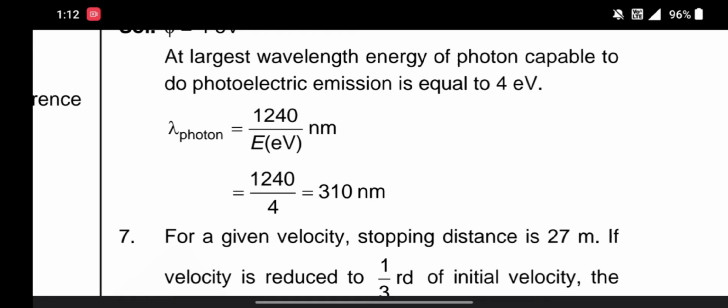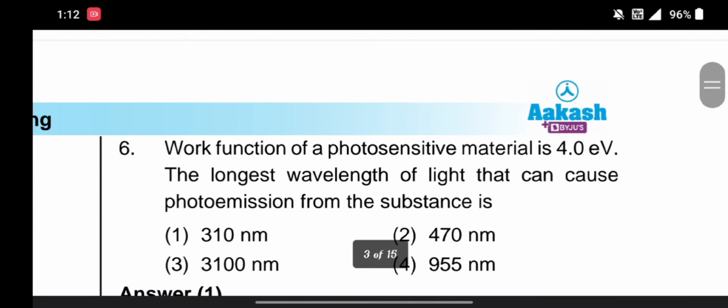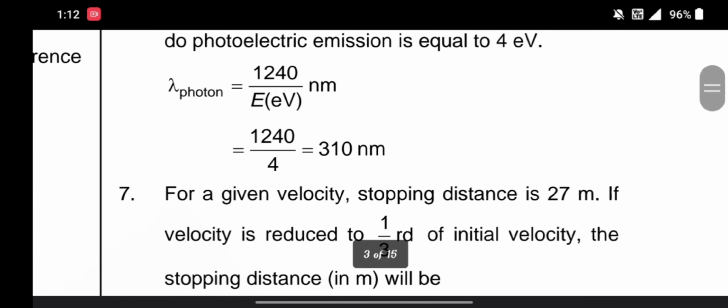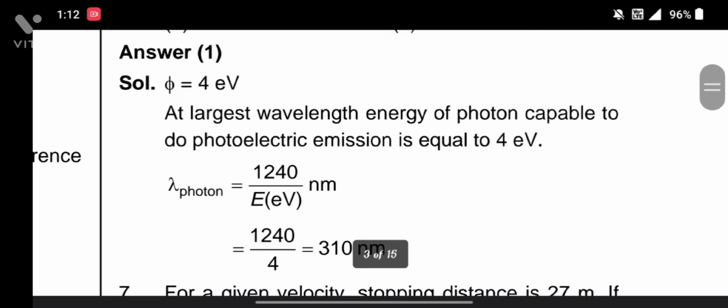So wavelength of photon is equal to 1240 by E, in electron volt nanometer. Four is given, so let us put that into this formula. If we put 1240 divided by 4, we get 310 nanometer. So 310 nanometer is the answer we are getting.